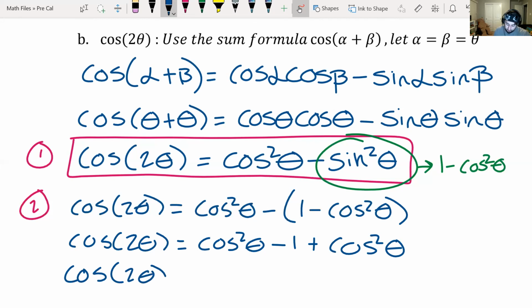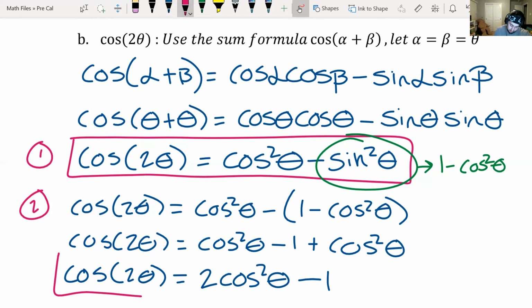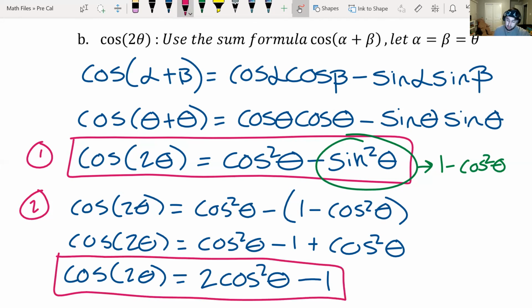Cosine 2 theta equals 2 cosine squared theta minus 1. There we go.